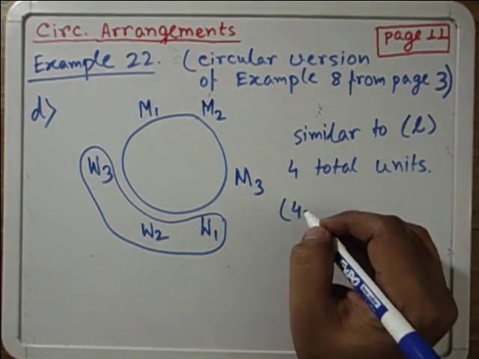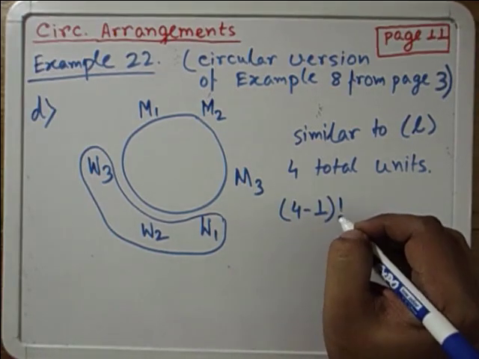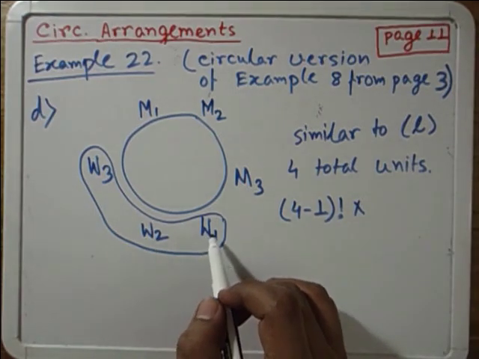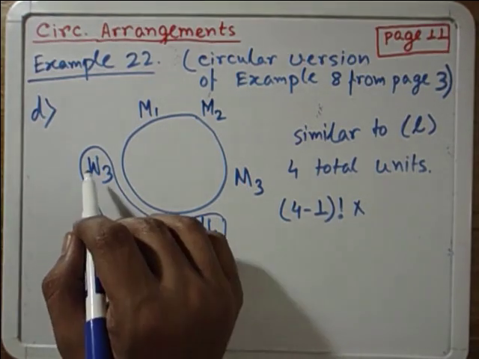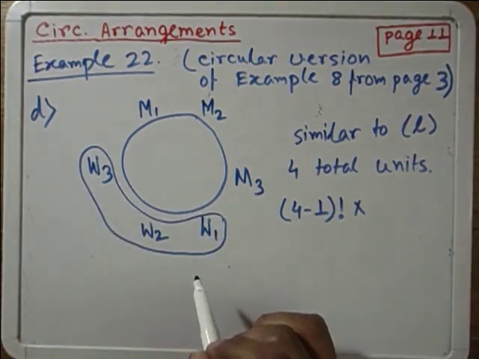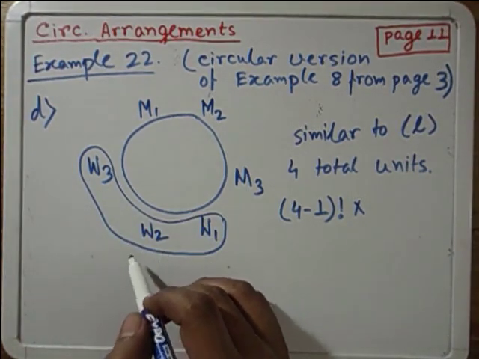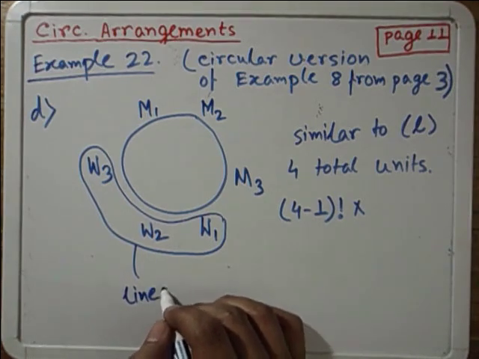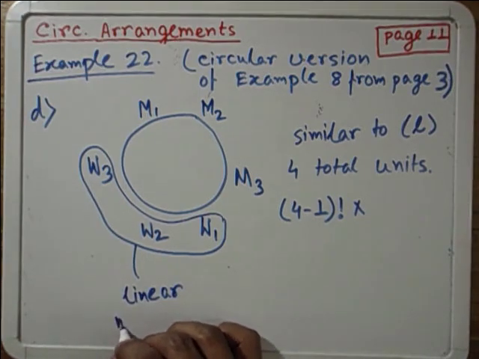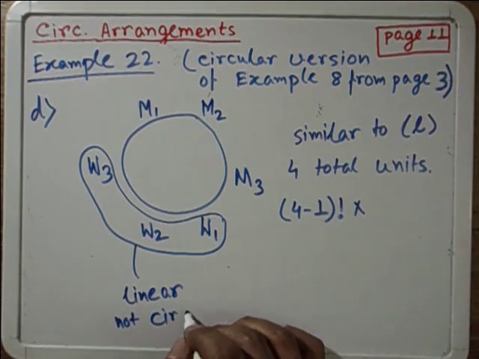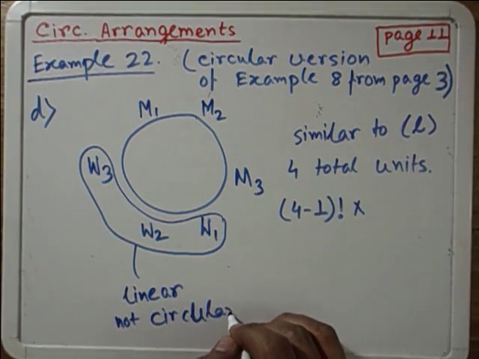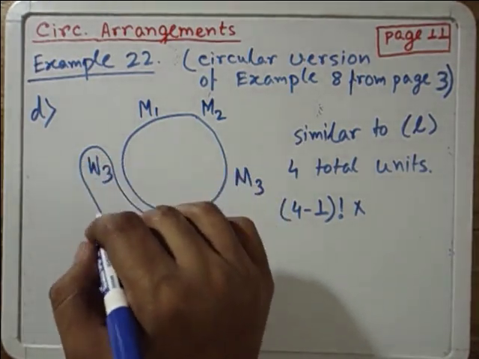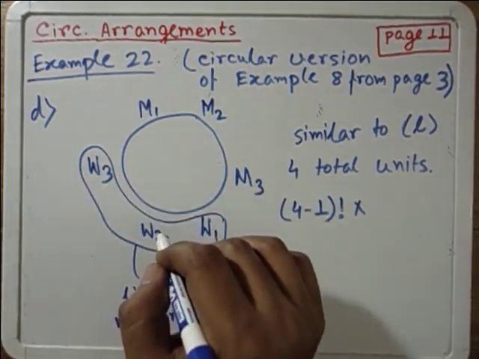So 4 minus 1 factorial, times, now see the women W1, W2 and W3 and all their different arrangements, but this part you have to treat as linear, not circular, because these three women are not in the whole circle.